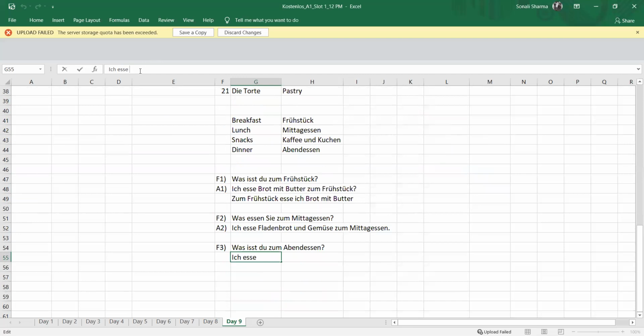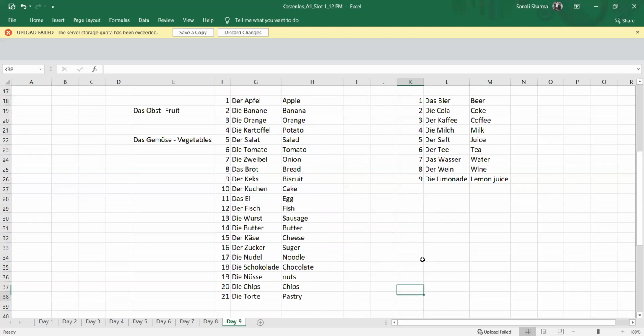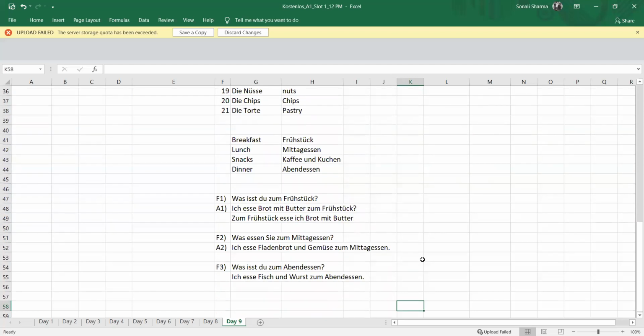So ich esse Fisch und Wurst zum Abendessen. This is how you have to write it down.